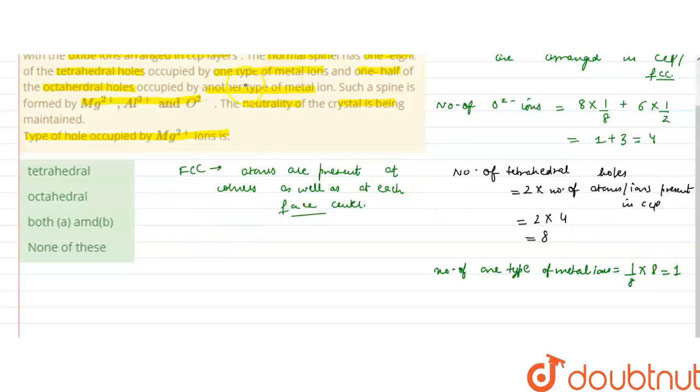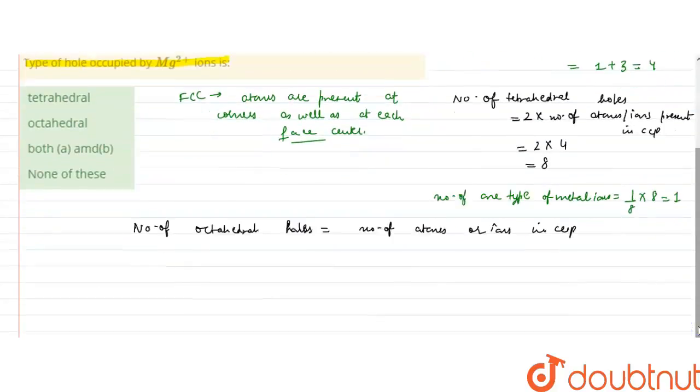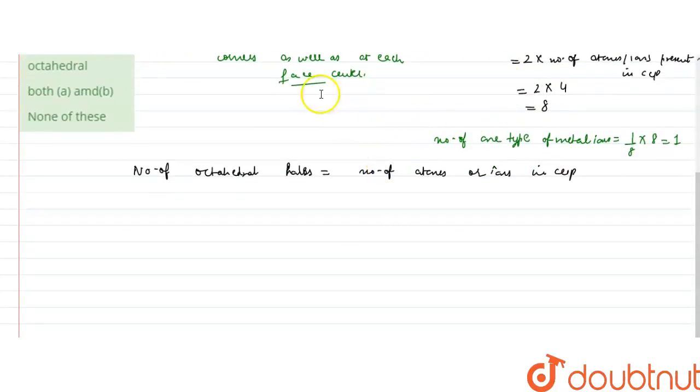Now it is given the octahedral holes are occupied by another type of metal ions. The total number of octahedral holes is equal to the number of atoms or ions in the CCP layers. The number of atoms in CCP is 4, so the number of octahedral holes will also be 4.